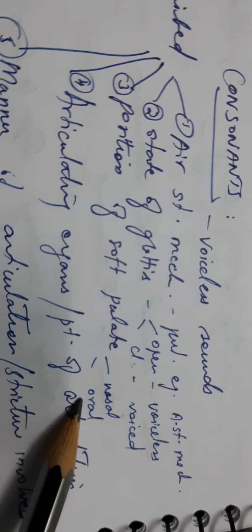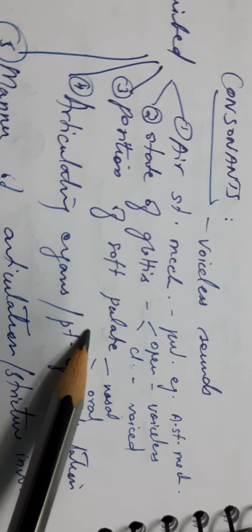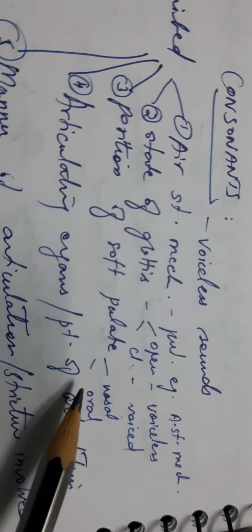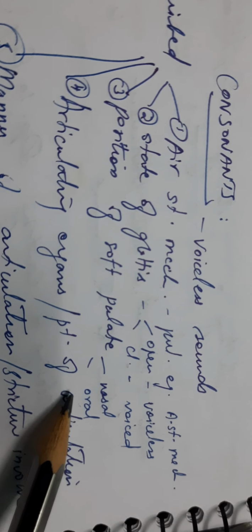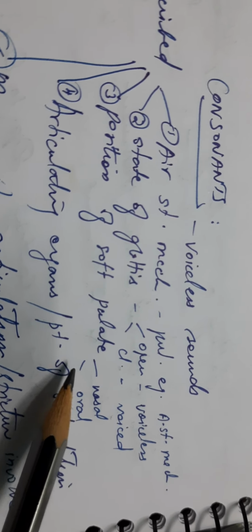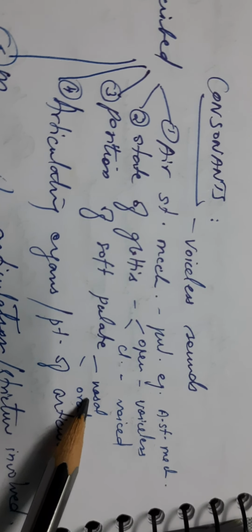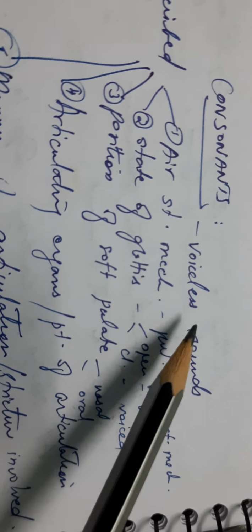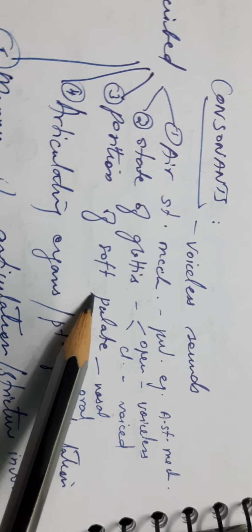On the other hand, when the soft palate is lowered, the nasal passage is open, and the air moves only through the nasal passage, so you get a nasal sound. Clear? All these three things we have already seen.